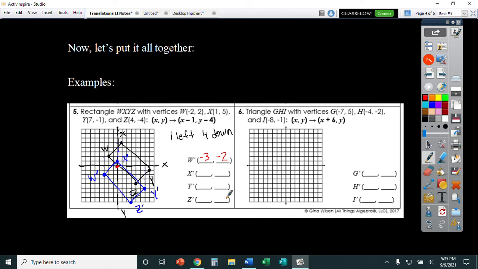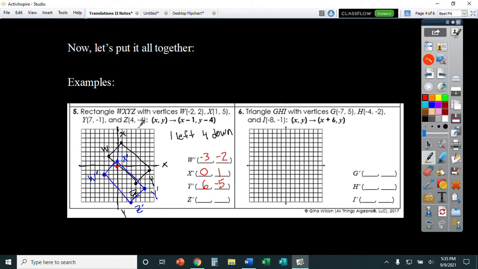Okay, and then x, you don't go anywhere in the x direction, so that's 0. And then it's 1 up, so this is just a positive 1. And then for y, it's 1, 2, 3, 4, 5, 6, and 1, 2, 3, 4, 5. So it's a positive 6 and a negative 5.